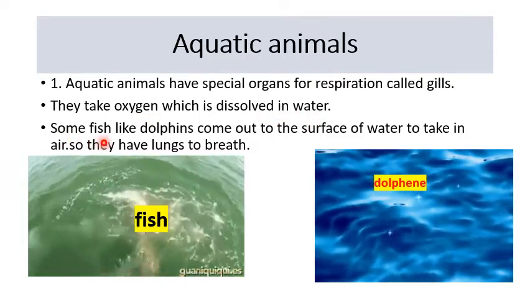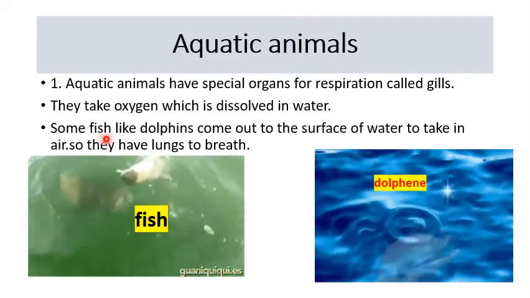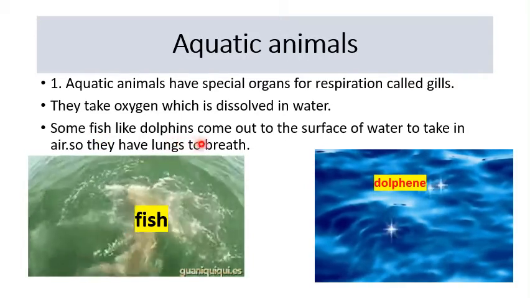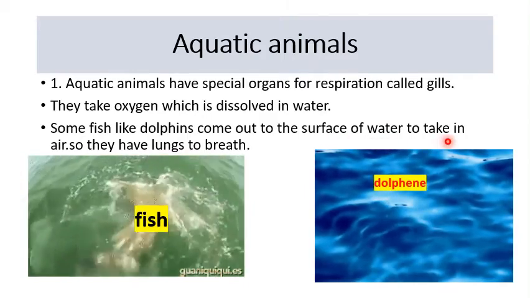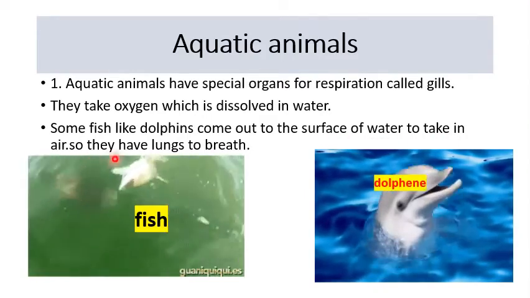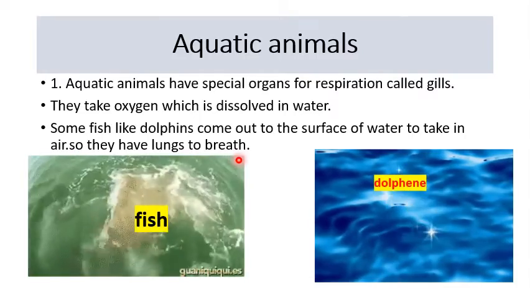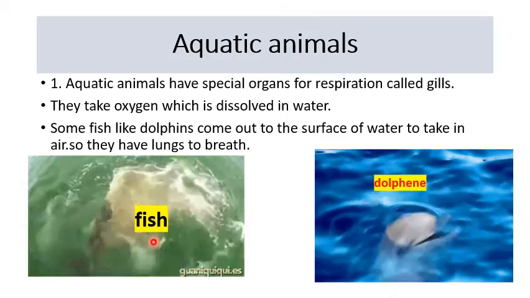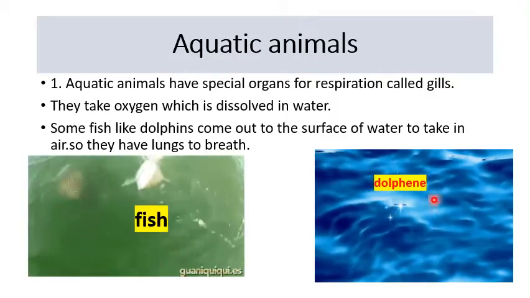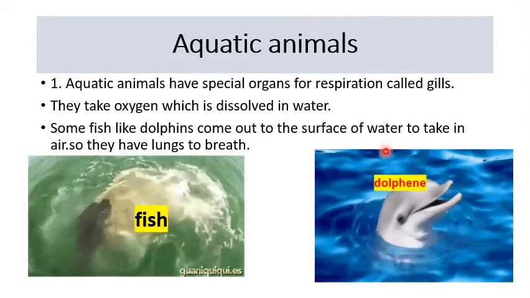Some animals, like the dolphin, come out to the surface of the water to take air. So they have lungs to breathe. So fishes breathe with the help of gills in the water and dolphins breathe with the help of lungs.